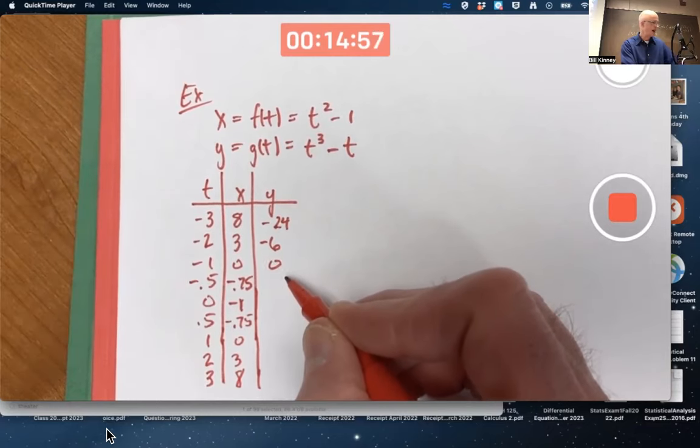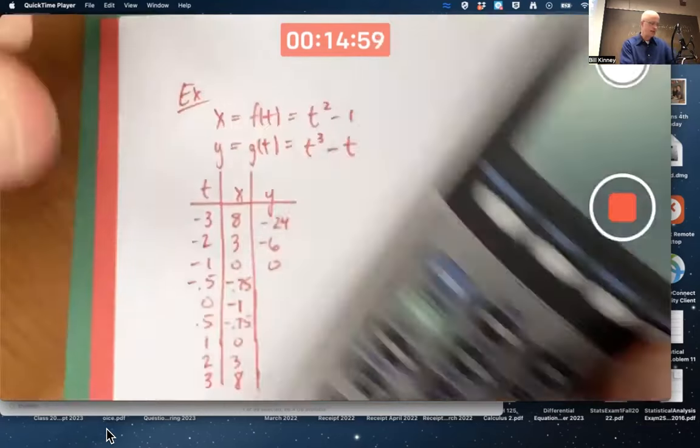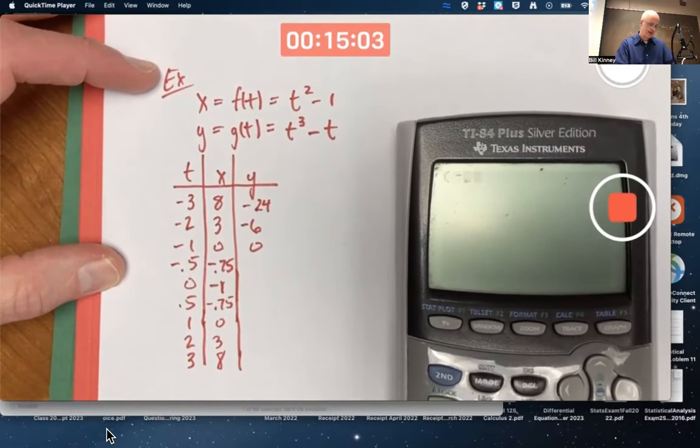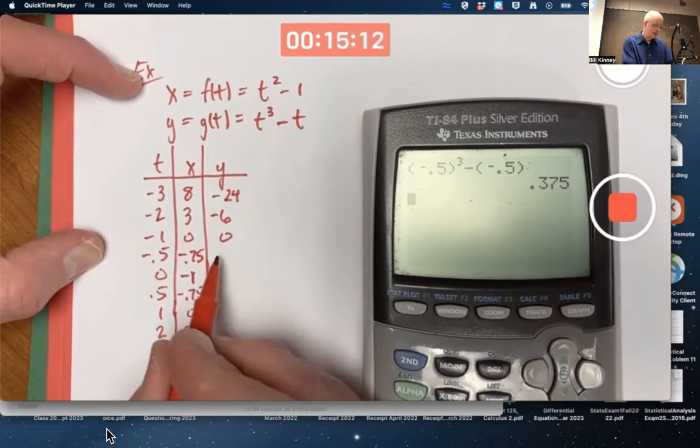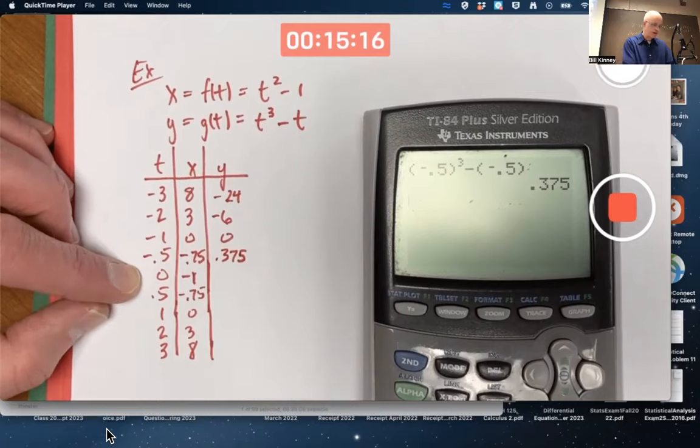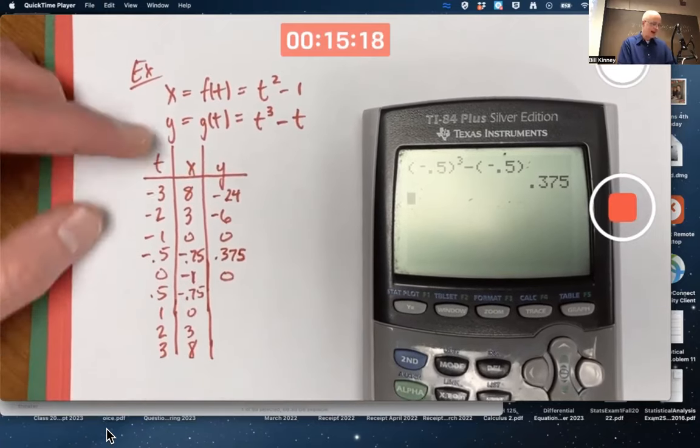Plug in -0.5. Okay, I better use my calculator so I don't make a mistake. -0.5 cubed minus -0.5, positive 0.375. Plug in t equals 0, get 0. This is an odd function.